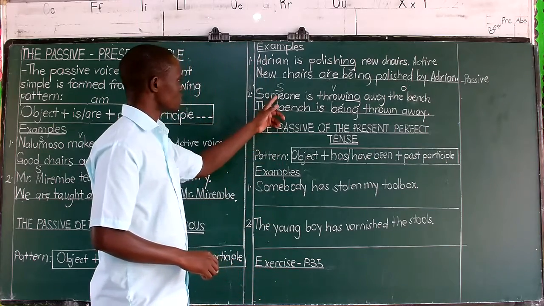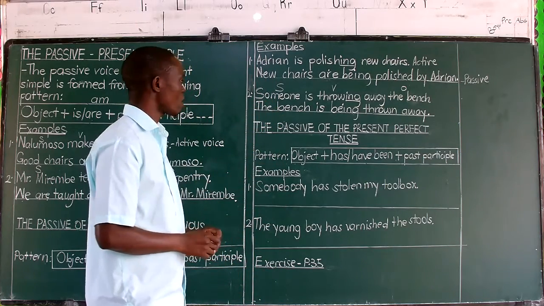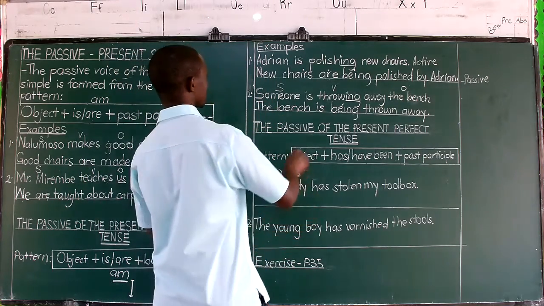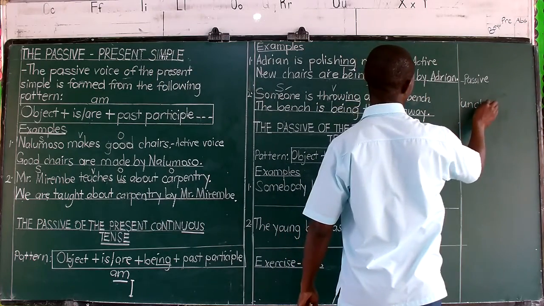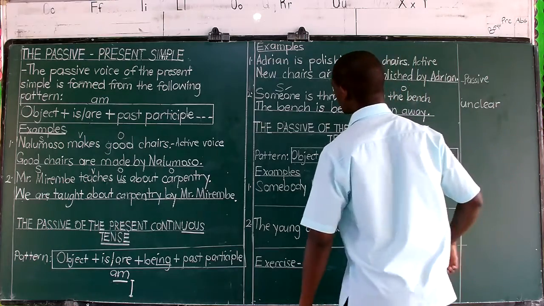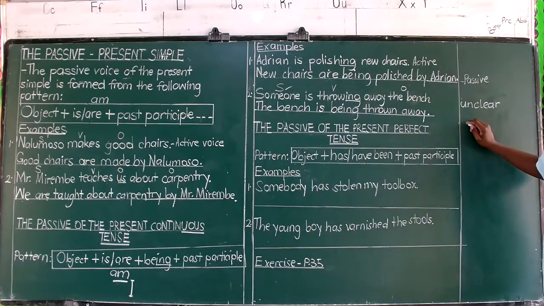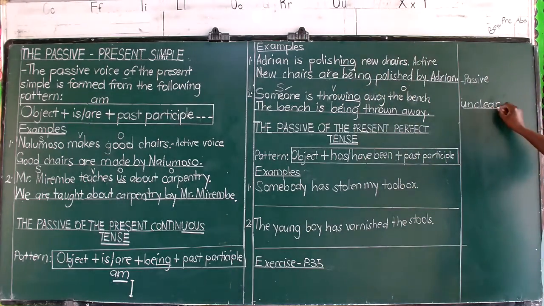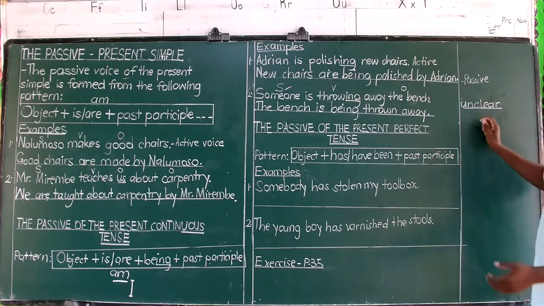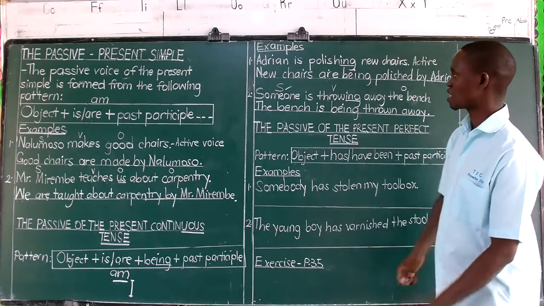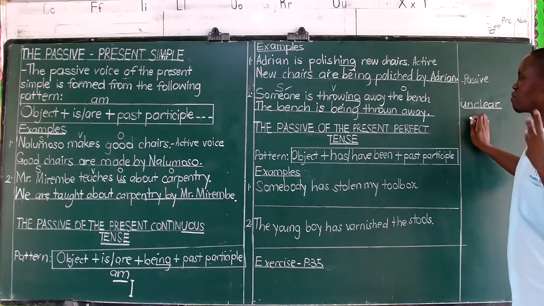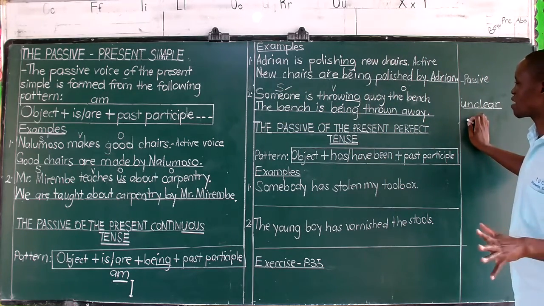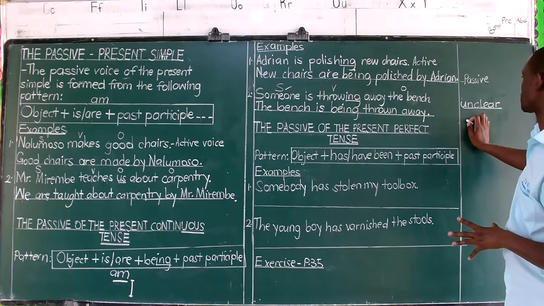Do we need to mention "by someone"? Never. Why? This is an unclear subject. "Someone" is an unclear subject. When I say someone, I'm not very sure of that person. Therefore, unclear subjects are never needed in the passive voice. I repeat, unclear subjects like someone, no one, everybody, somebody are never needed in the passive voice.